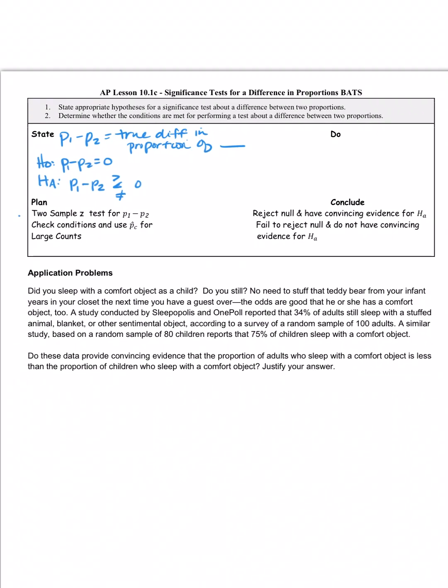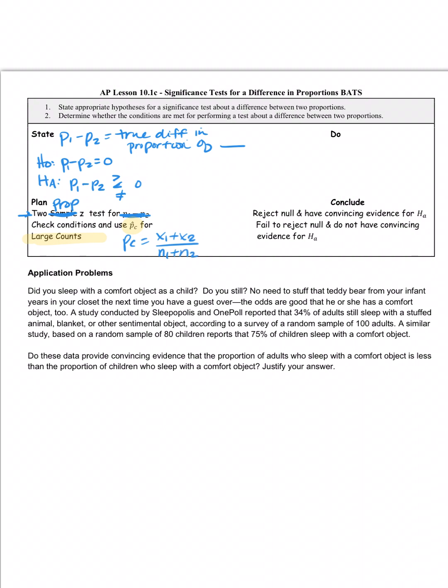So the name of our test, I would say, is proportion z-test, so you don't have to remember this P1 minus P2 thing. 2 proportion z-test, that's sufficient, and that's the way it's also named in your calculator. Keep it streamlined. Check conditions, and then notice this, we are using that PC thing for large counts. That's where you're going to have to show that, okay? So maybe we rewrite, what is PC? x1 plus x2 over n1 plus n2.